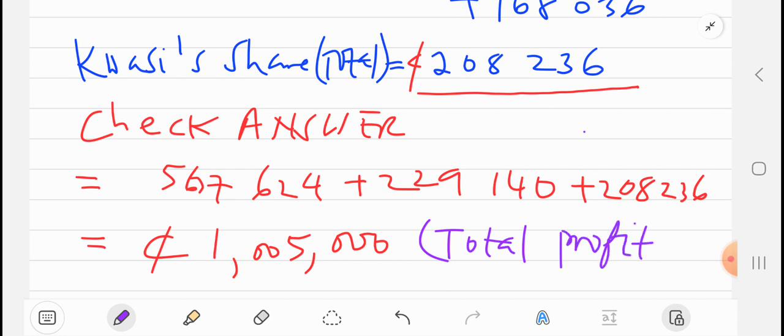And therefore this confirms the correctness of the answer, that if we actually add the total amounts obtained by each of them at the end of the first year, we get the total profits that the company was able to achieve.